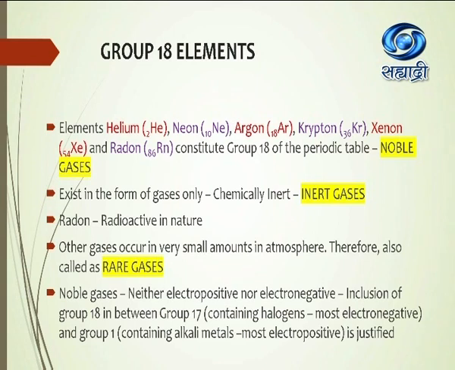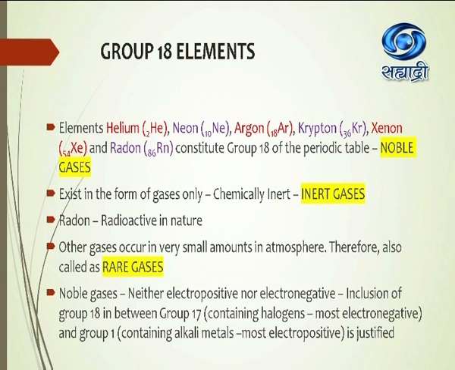Now to be precise, why these elements are noble gases? Because they are neither electropositive nor electronegative. So electropositive character is the character of the element or the atom of that element to donate electron and to form a cation.